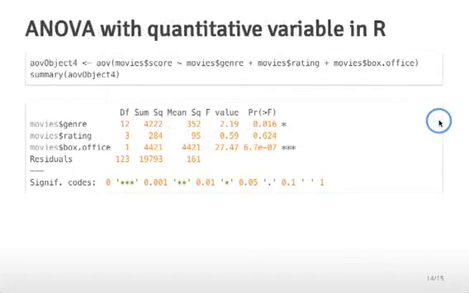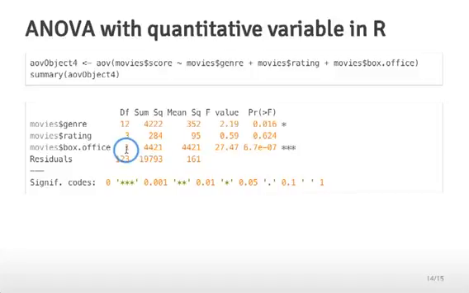And you can see that in the ANOVA table. So again, we've created an ANOVA object here where the score is the outcome. We have the genre variable, the rating variable, and then the box office variable. And if you look at this, you can see that only 1 degree of freedom is used for the box office variable because we're constraining all the 1 unit differences to be the same. So we only have one eta, one parameter for that.